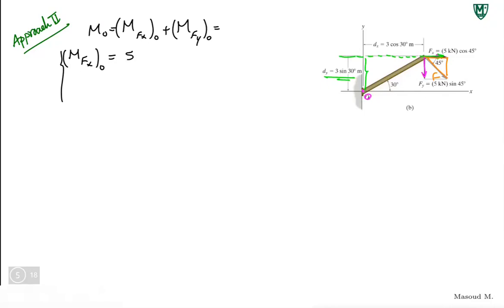So 5,000 cosine 45 degrees, right? F times D. The distance, if this is 3, another right triangle, and this is 30 degrees, becomes 3 sine 30 degrees. Now, is it positive or negative?